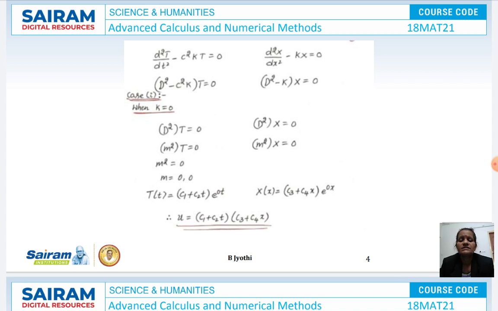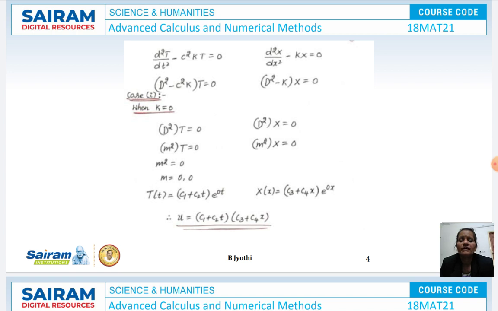When the real root is repeated, we have the solution for T as T of t is equal to (c1 plus c2 t) into e to the power of 0t, and X of x is (c3 plus c4 x) into e to the power of 0x. That is, T of t is c1 plus c2 t and X of x is c3 plus c4 x.